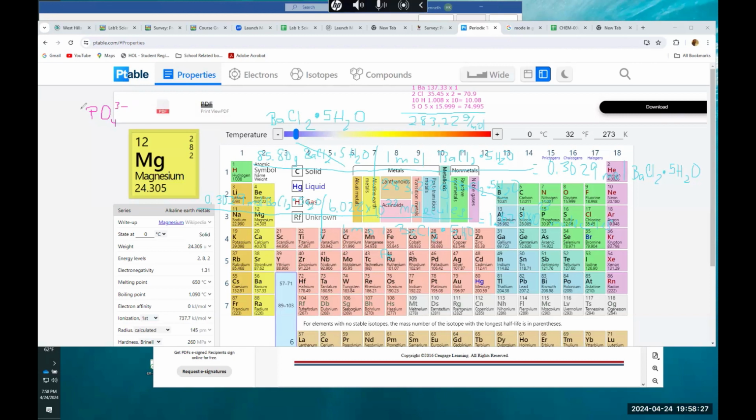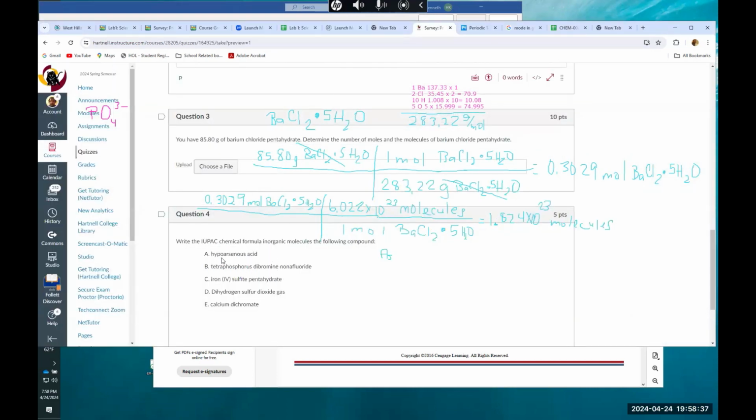Okay, so we have hypoarsenious. We know that arsenic is going to be in the same group as phosphorus, so AsO4 should have a 3 minus charge, and that would be called arsenate.